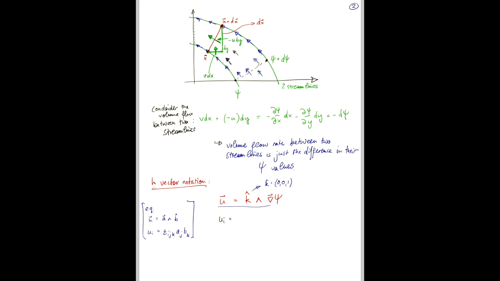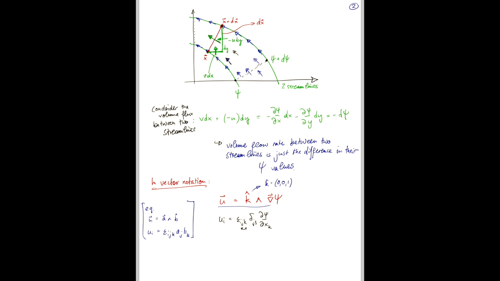We have ui equal epsilon ijk delta j3. That's our k vector, right? It's 0 for j equals 1 and 2, and 1 for j equals 3. And then d psi dxk.